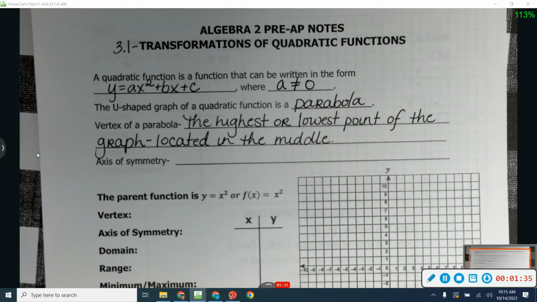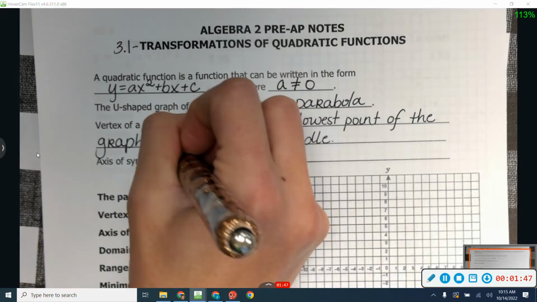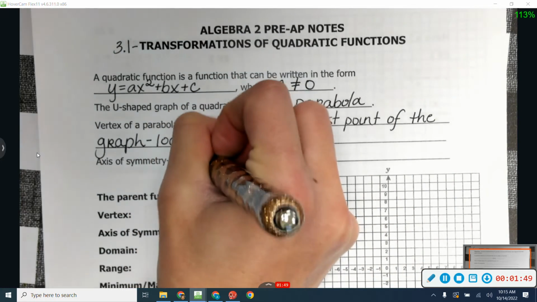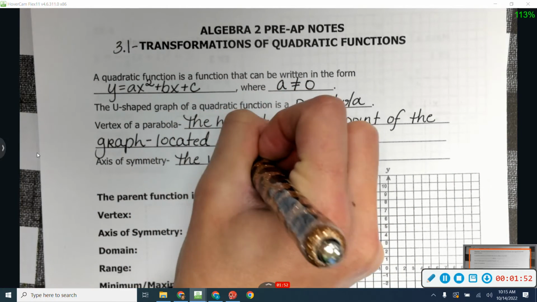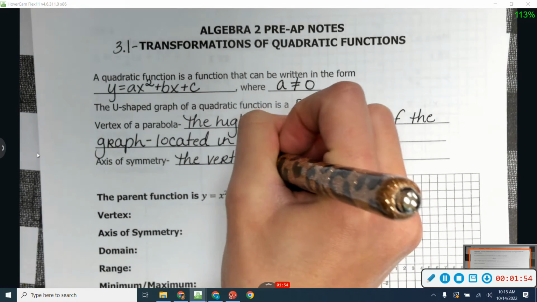Just like the vertex of absolute value was in the middle, that's what this is going to be. The absolute value was a V, parabola is a U. Okay, everything else is pretty much the same. Your axis of symmetry is the vertical line that passes through the vertex and cuts the graph in half.